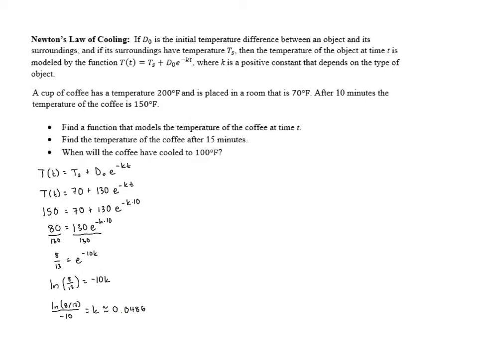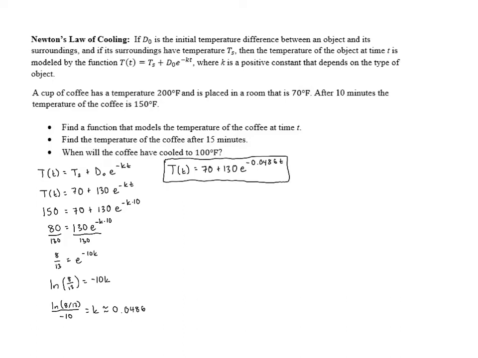So we can plug that in, and our function that models this temperature is T of little t equals 70 plus 130 times e to the negative 0.0486t. So this is our function.